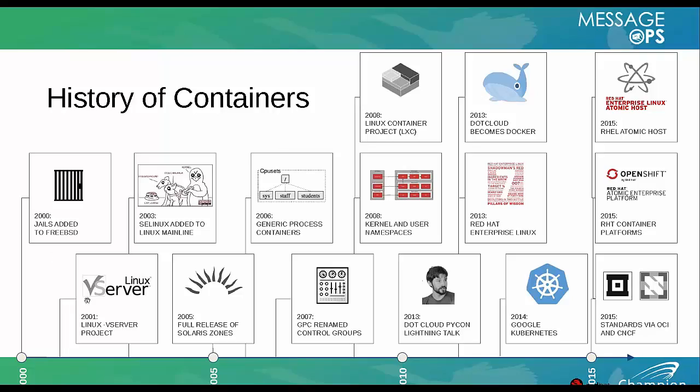What eventually led to this, looking over in the 2008 section, is the kernel and user namespace. This is a piece that allowed Linux to carve up its existing file system and its existing operating system into different user namespaces. And then LXC containers, which is what Docker uses as its underpinning technology, was developed shortly after that, also in 2008.